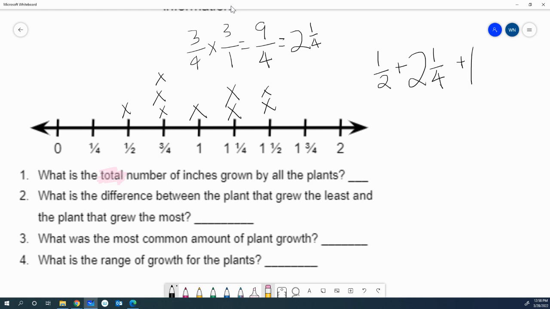Plus 1 1/4 twice. So we've got 1 1/4 plus 1 1/4 is 2 2/4. Plus, we've got 1½ twice.